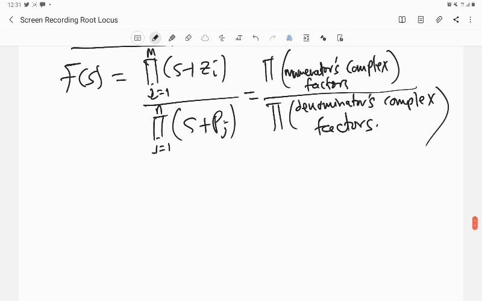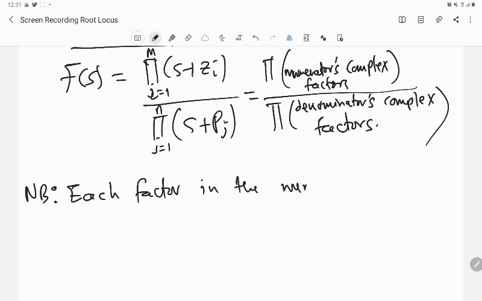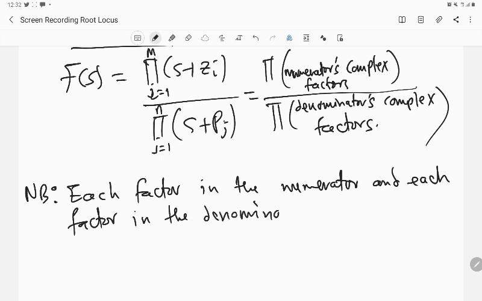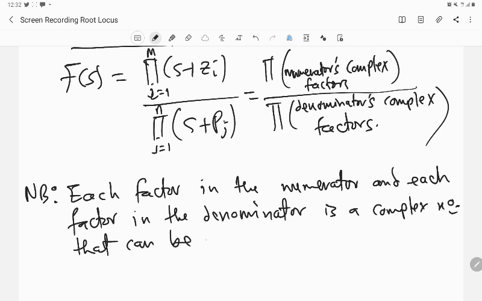Okay, now you can see from here, note that each factor in the numerator and each factor in the denominator is a complex number.